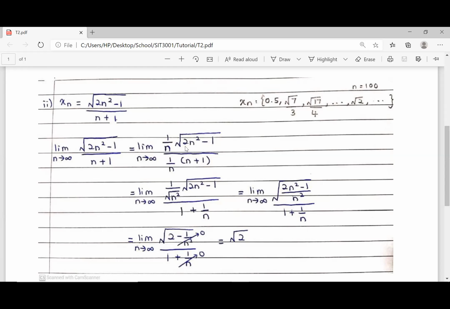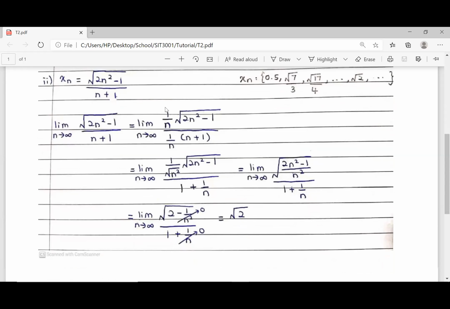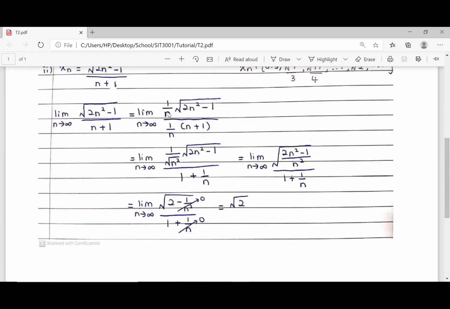For this numerator, the biggest degree is 1 because this is the square root of n squared, so it's 1. So we divide this numerator by n and also the denominator.